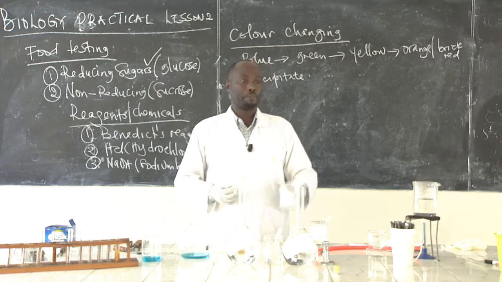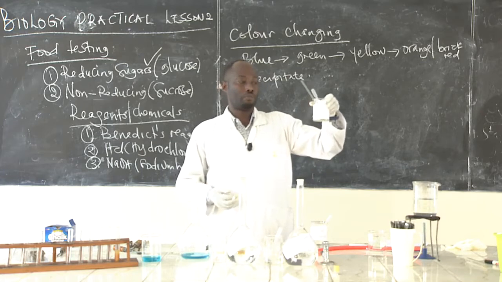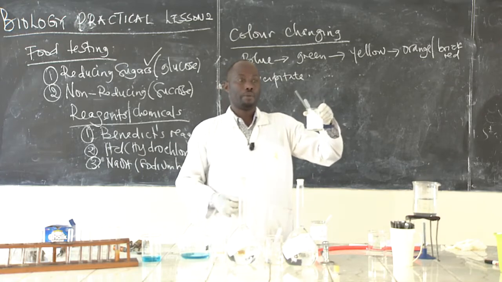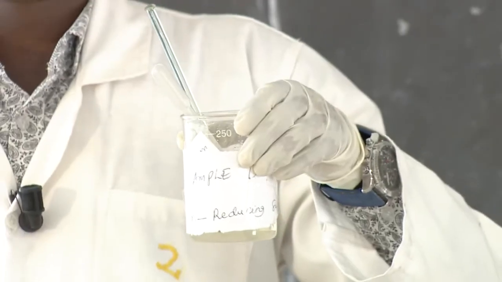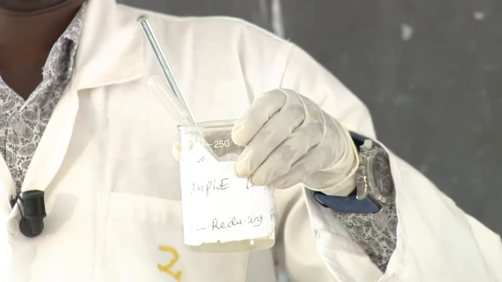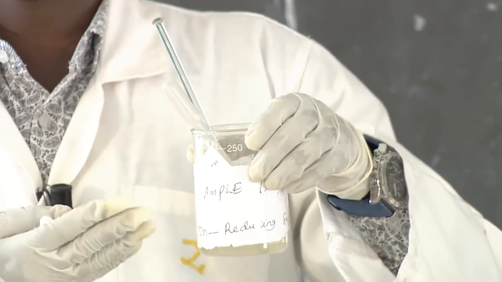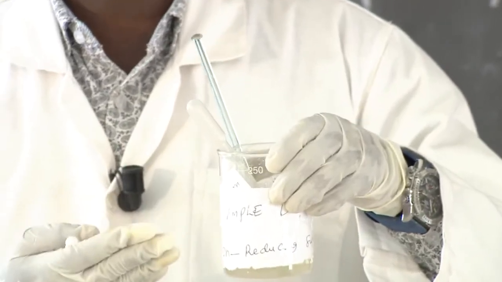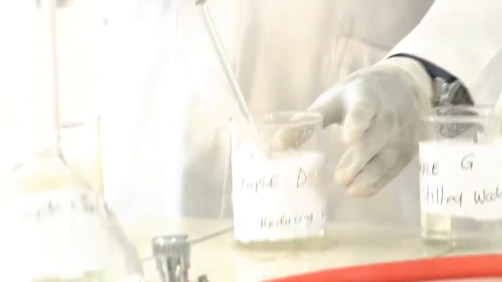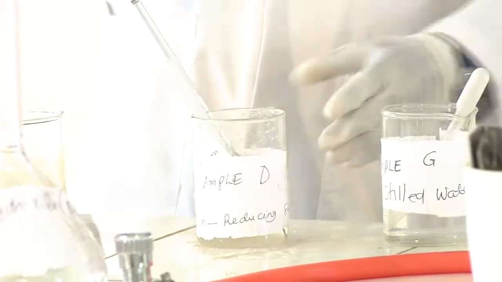I have a prepared sample extract made from the industry. But you can also use carrots, oranges, or sugarcane, and we extract a sample that contains sucrose. So from there, let me start my practical.